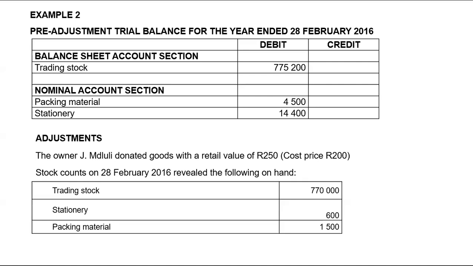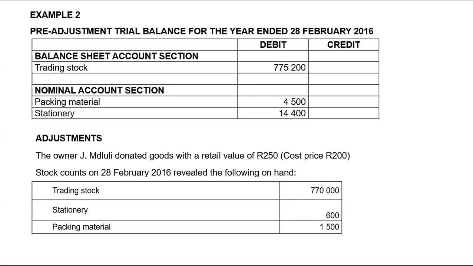They told you that the owner, James Lully, donated goods with a retail value of 250. That 250 is the selling price of the goods being donated. And the cost price of those goods being donated will be 200,000. Note that when it comes to donations, it will be recognized as an expense.